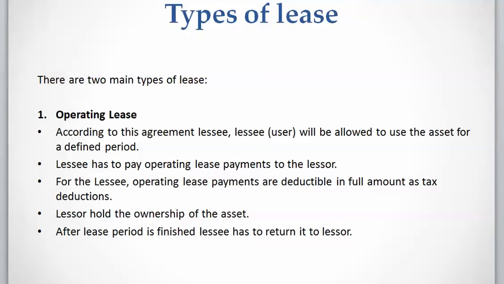When the lease period is finished, the lessee has to return the asset to the lessor. The lessor can depreciate the asset because the asset is being used, according to the MACRS method.